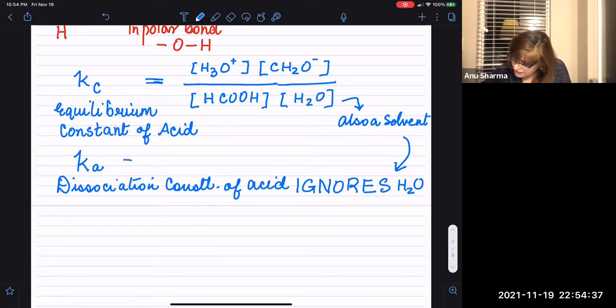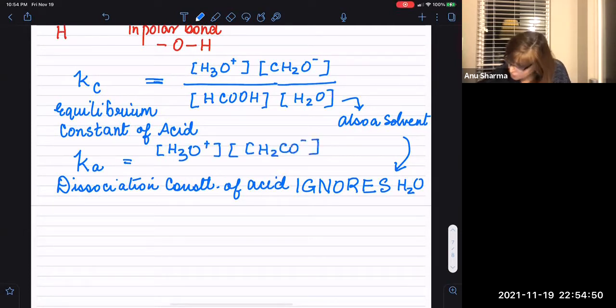So what do you do then? Then just bring in the hydronium ion concentration, H3O plus, so that you can just focus on how many hydronium ions are there, what anion is formed, CHO2 negative, over the HCOOH concentration.